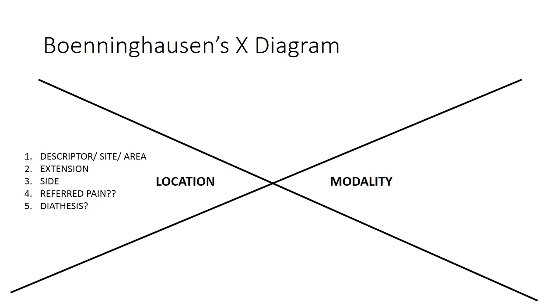By extension, we mean, does the pain extend in one particular direction? Outwards, inwards, upwards, downwards. That is very important. Then next is the side. Is it left-sided, right-sided? Is it moving from left to right? Is it moving from top to bottom? That of course is very important.